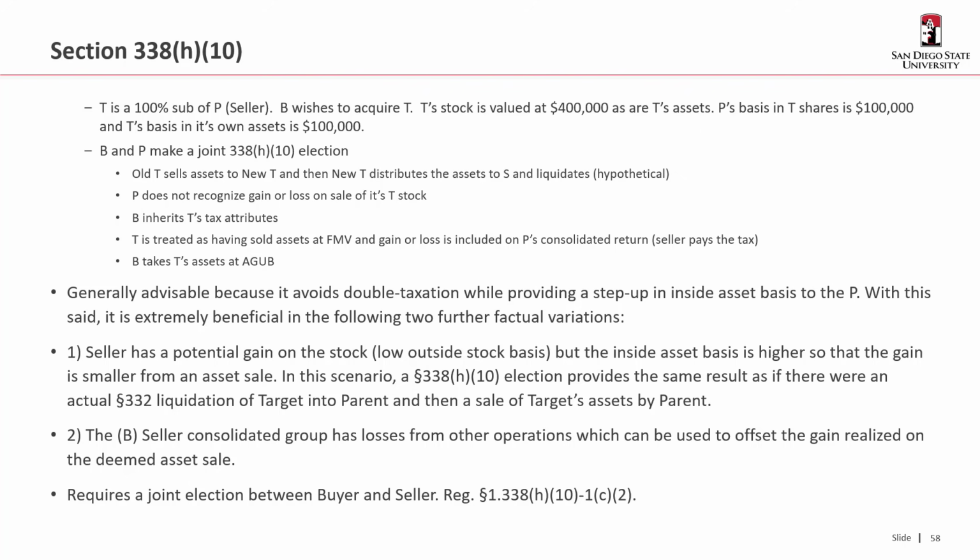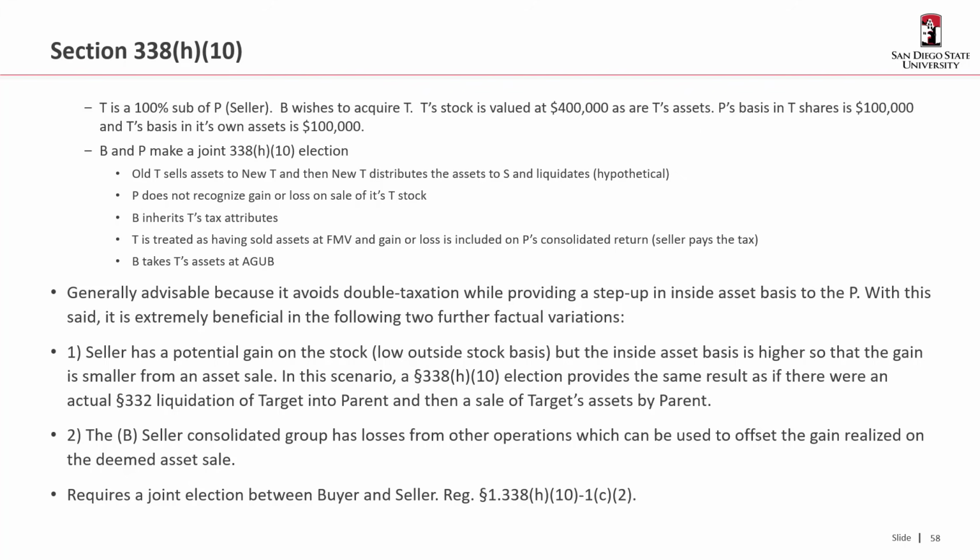So this is generally advisable because it avoids double taxation while providing a step up in the inside asset basis to B. With this said, it is extremely beneficial in the following two variations. The first is the seller has a potential gain on the stock, so it has very low outside stock basis, but the inside asset basis is higher, so that the gain is smaller from an asset sale.